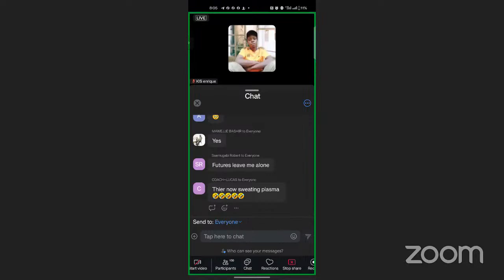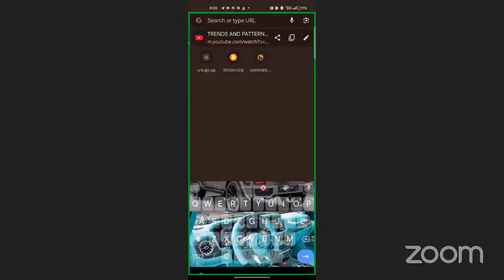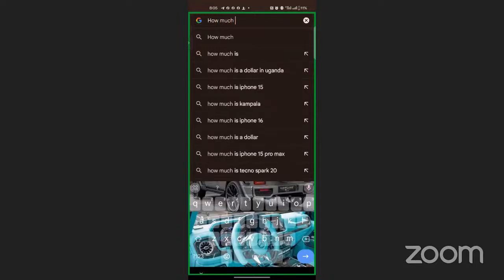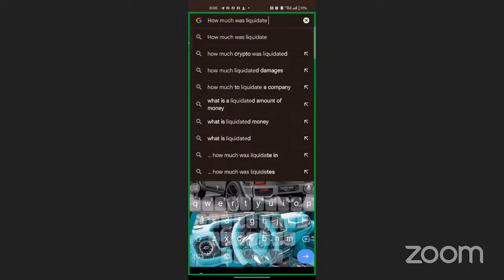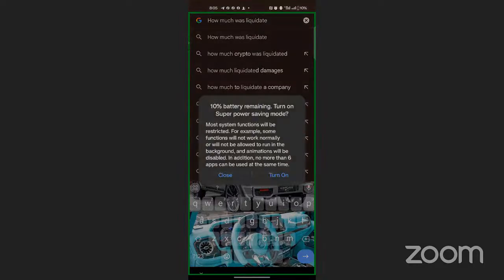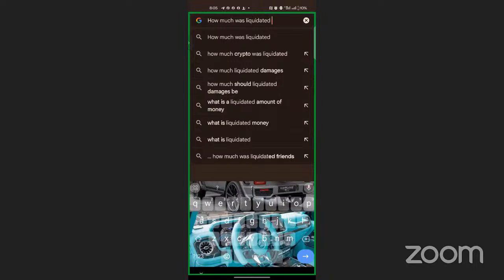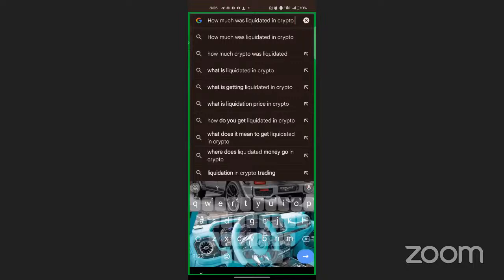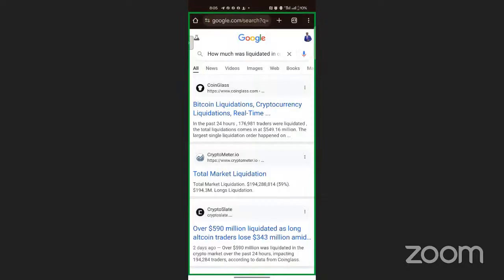And now, liquidations, even when we go to Chrome and we type how much was liquidated in crypto today. There is CoinGlass.